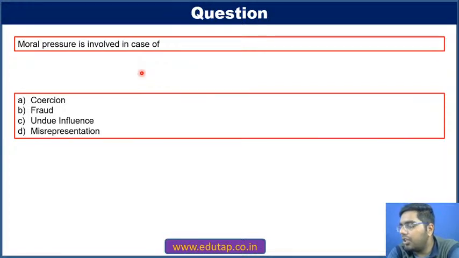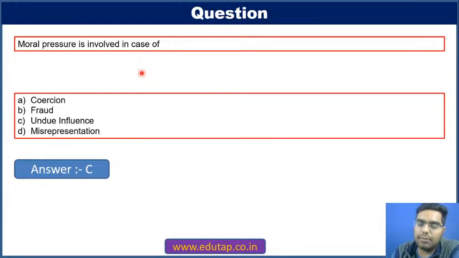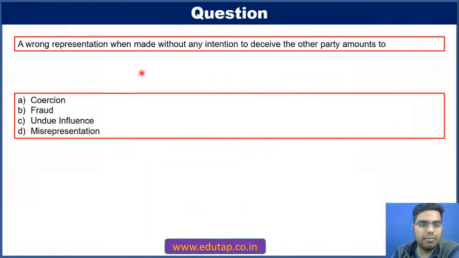No, misrepresentation and mistake are not the same. Mistake is either mistake of law or mistake of fact, and misrepresentation is a wrong representation made without any intention to deceive the other party. Coercion, fraud, undue influence, or misrepresentation.